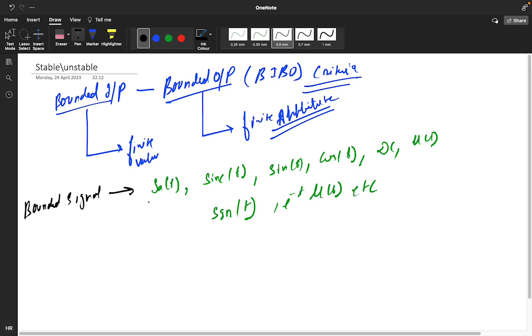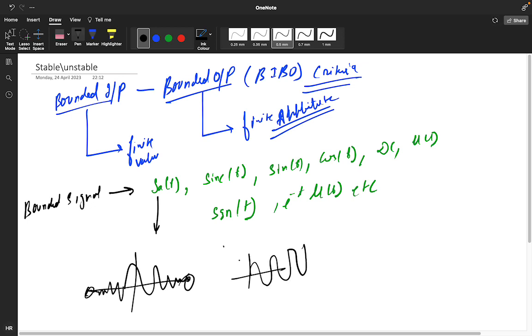All are having finite values. Sampling, if you see, goes like this and reaches 0. Everywhere the value is finite. Sinc also has the same graph. Sine, the value is fluctuating between plus 1 and minus 1. Cos also plus 1 and minus 1. DC value 1, a constant value. u of t is 1 only.